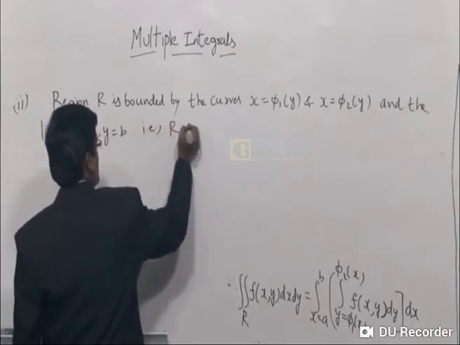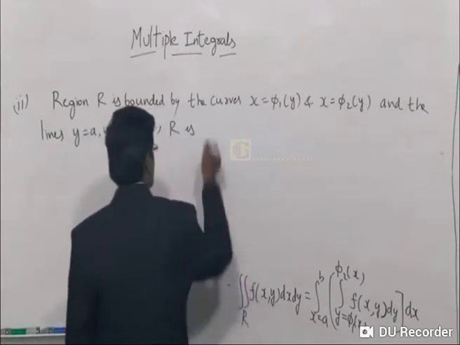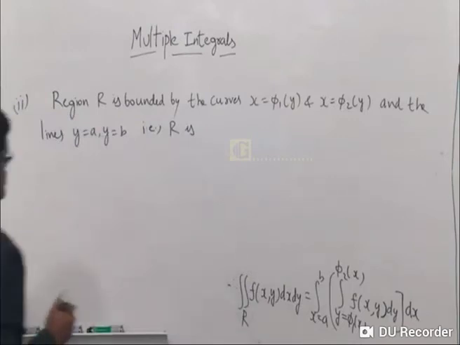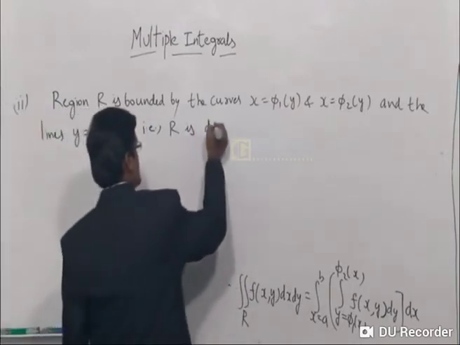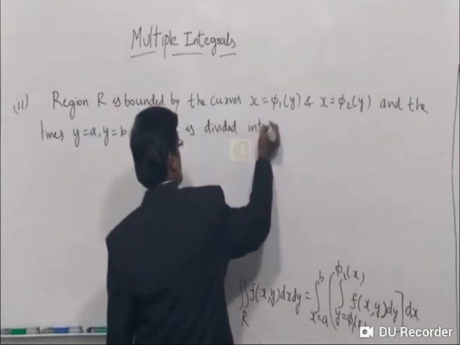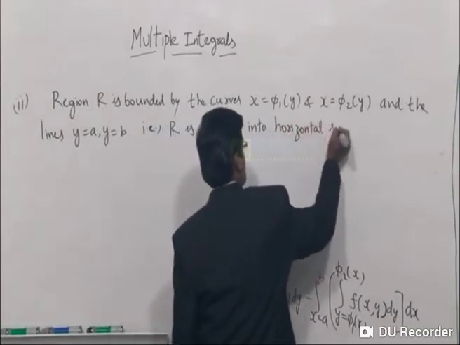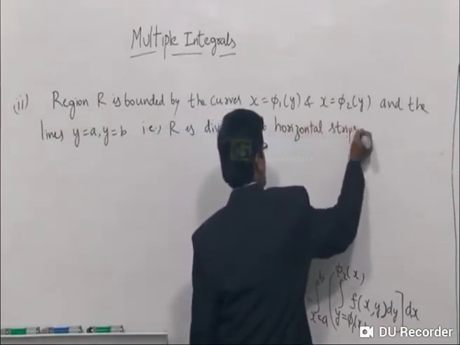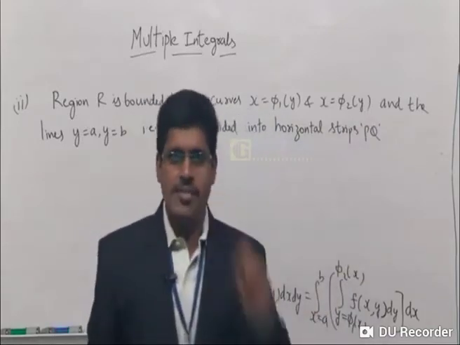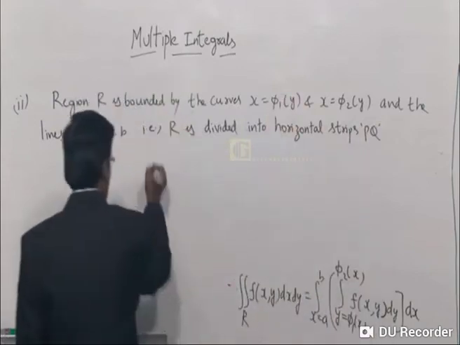That is, R is divided into horizontal strips PQ. Earlier it was a vertical strip PQ because the y limits are functions of x. Whenever the x limits are functions of y, then you divide the region into horizontal strips.